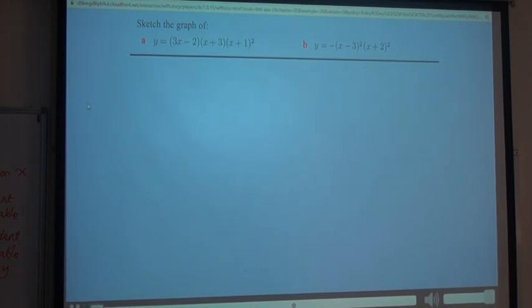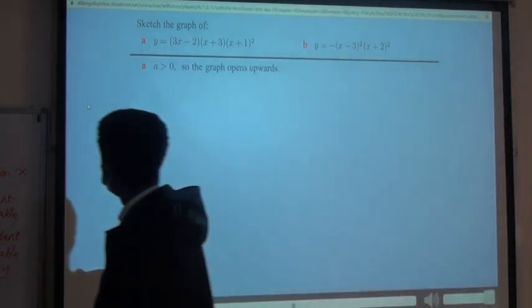In this example, we sketch the graphs of quartic functions which have been written in factored form. With the quartic, it is useful to know whether it opens upwards or downwards. We determine this using the sign of the leading coefficient. In part A, the leading coefficient is 3 times 1 times 1 squared, which is positive. The quartic opens upwards.